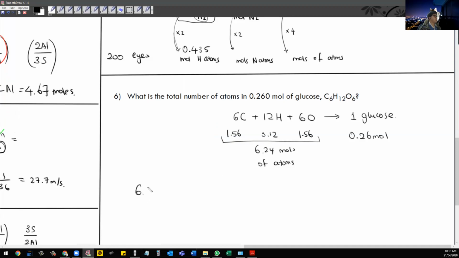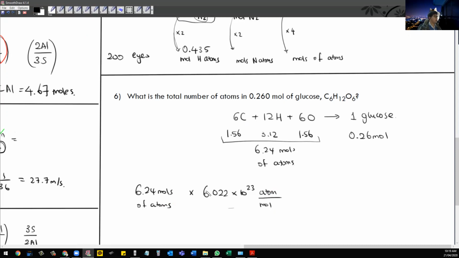And then we have 6.24 moles of atoms times the Avogadro's number, because 1 mole is 6.022, that's atoms, right? Per mole, sorry.